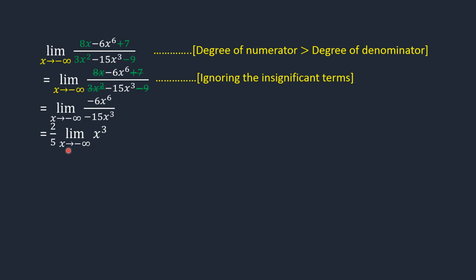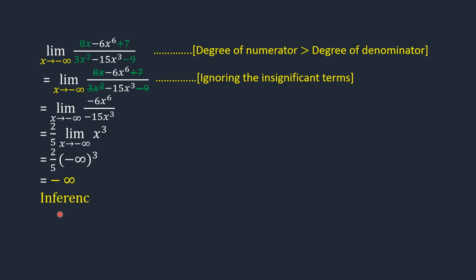Now we will substitute x equals minus infinity in order to solve the limit. So in the next step, we have minus infinity cubed, which will be minus infinity, because the odd power of a negative number is always negative.